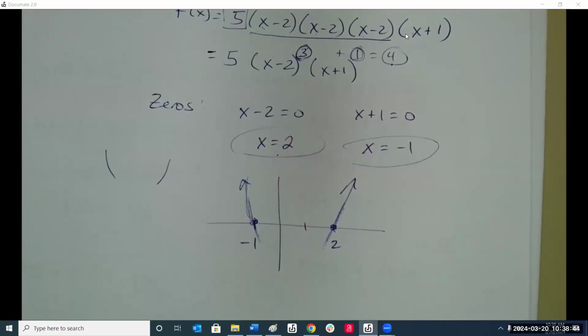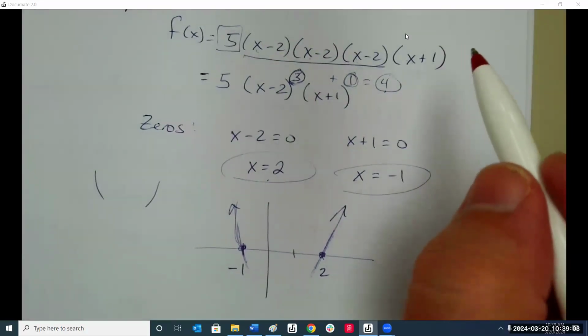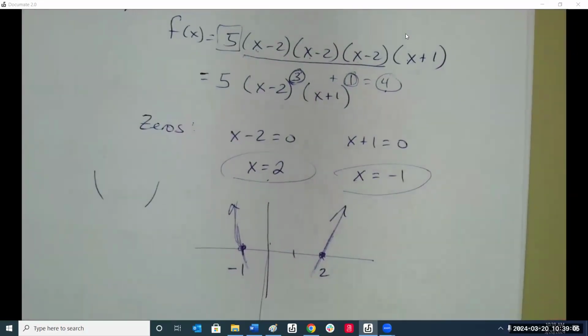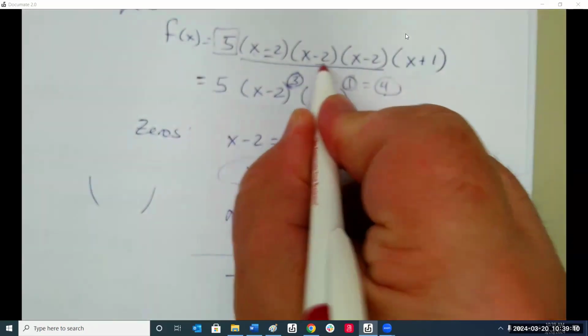Do we know the y-intercept? So where does it cross the y-axis? Look at all the terms here.